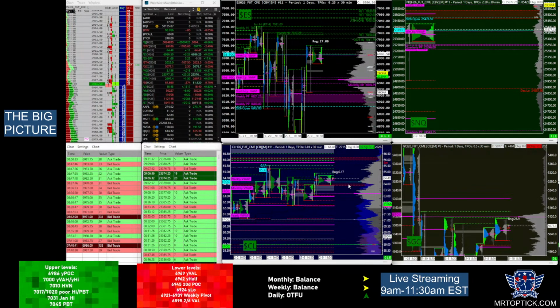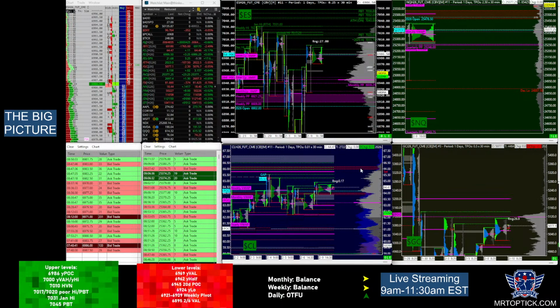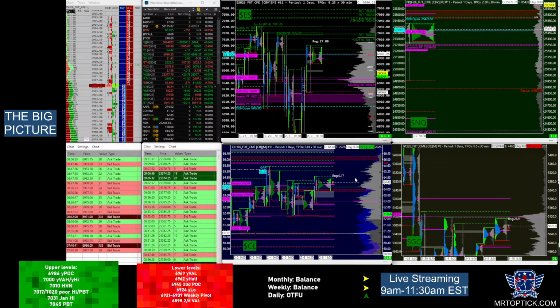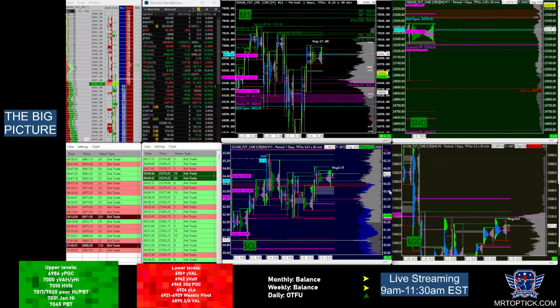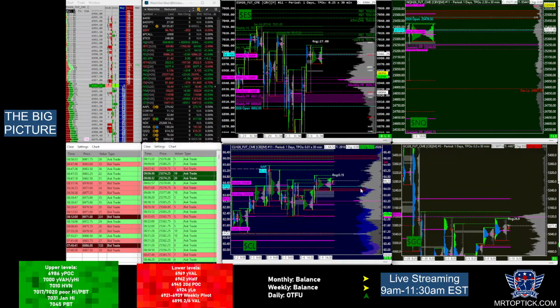I honestly don't have a target here, but if you're trading crude, you can look at this 6520, the 6420 and 6320, all the 20s as targets to the upside and to the downside. Those are the magnets for the time being.